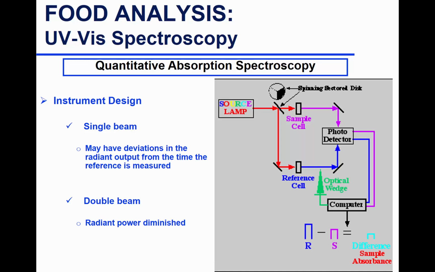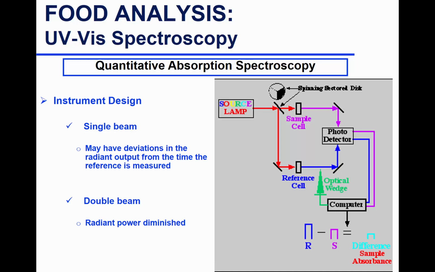Double beam is more efficient in terms of having two places, two sample holders. One you put your sample and one you put your reference, which is the blank. And the lamp source gets split. So part of the beam goes to the sample and part of the beam goes to your reference. And then you get readout simultaneously and get subtracted for you simultaneously.